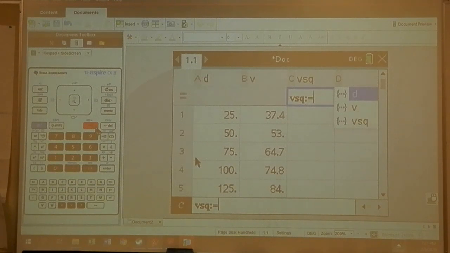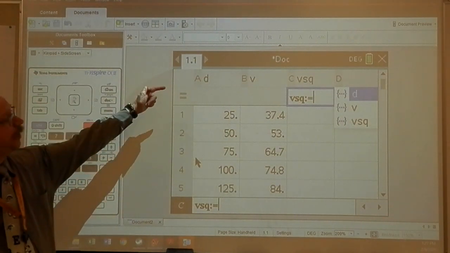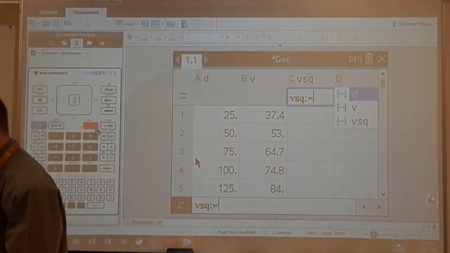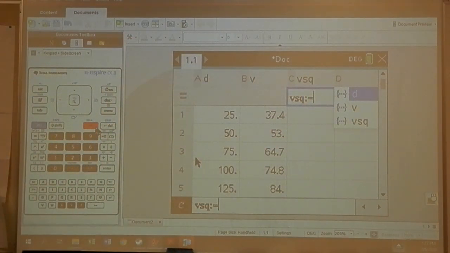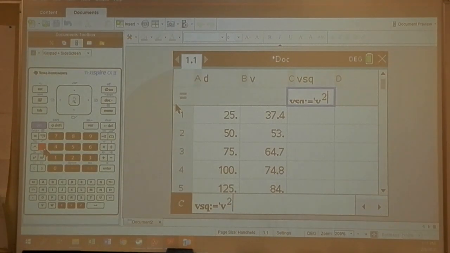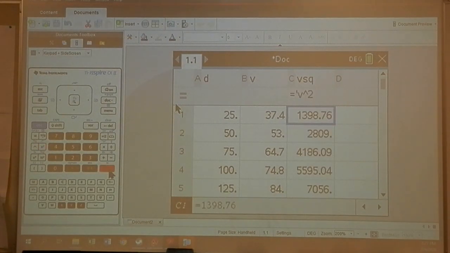It says, you've already told me along the top here that our variables are d, v, and v squared. Well, I know that I want this to do a calculation of all of my v values being squared. So I can actually hit the x squared button for that, and then hit enter. And it puts in all the numbers for me.